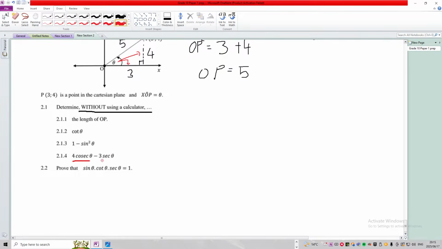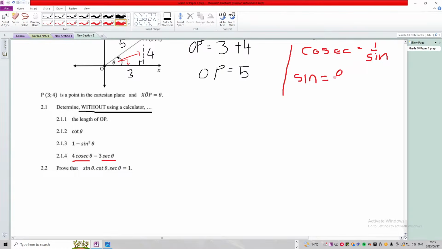Cosec. Now, let us first find out what is sec, what is cosec. Cosec is the inverse of sine. Sine is opposite over hypotenuse.